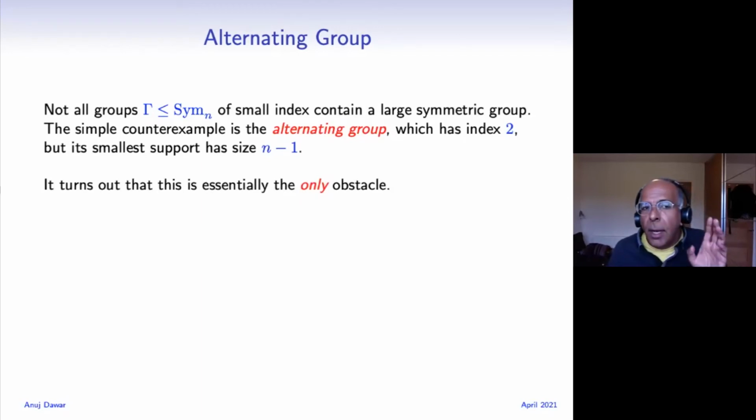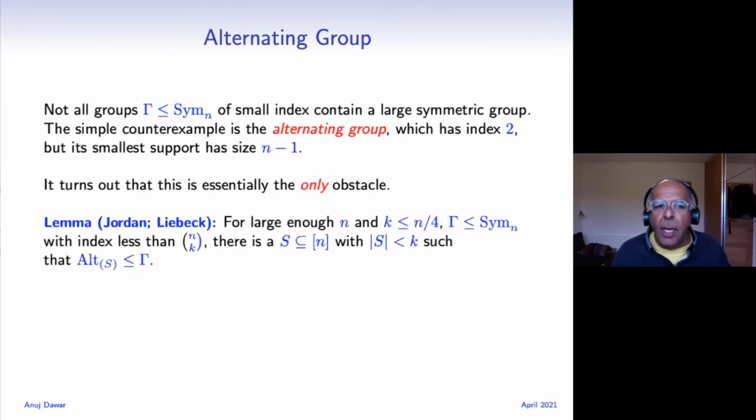Okay. But it turns out that the alternating group is really the only obstacle, right? It's the only thing of small index which doesn't contain large symmetric groups, in the sense that this is a classic theorem. You can find it in a textbook on permutation groups, that if you have a subgroup gamma of Sym n with index smaller than n choose k, then you can find a small set S such that Alt(S) is in gamma. What is Alt(S)?